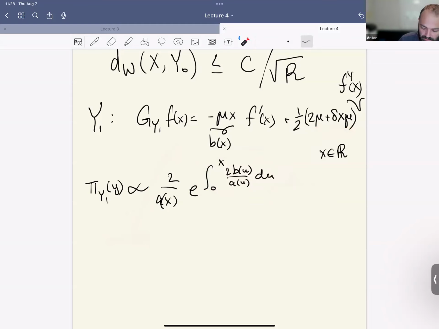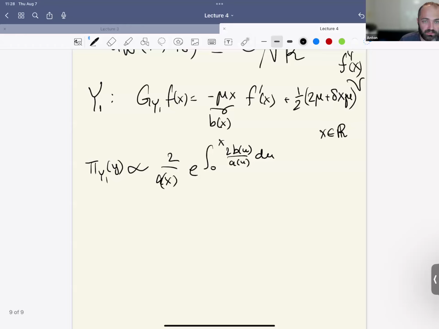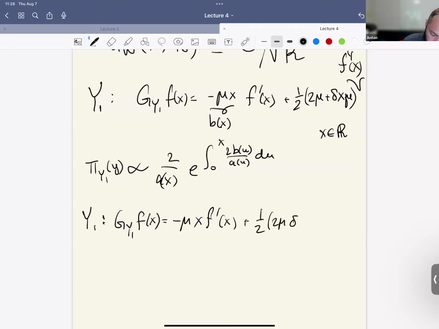Okay. There's a simple fix to this. I'm going to state the fix. And if anyone is curious, you can always reach out to me if this ever comes up for you. The generator becomes negative mu x f prime of x plus 1/2 (2 mu plus delta) mu x f double prime of x.